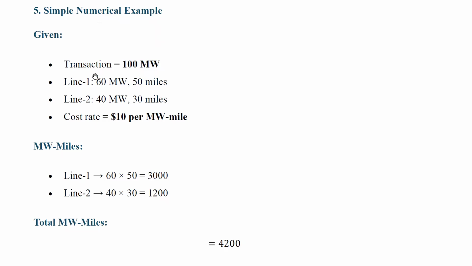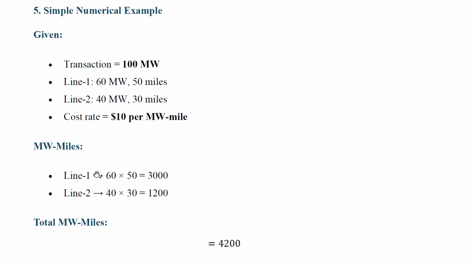Say, for example, the transaction is 100 megawatts. In line 1, 60 megawatts is transmitted for 50 miles. In line 2, 40 megawatts is transmitted for 30 miles. The cost rate is $10 per megawatt mile.